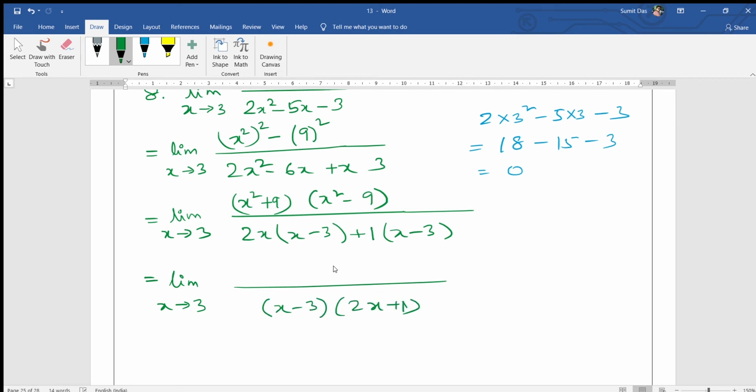And if you see the numerator, it will be x square plus 9 and x square minus 9. 9 is 3 square, so I can write x plus 3 and x minus 3, by a square minus b square. So we can see x minus 3 and x minus 3 are cancelled, right?